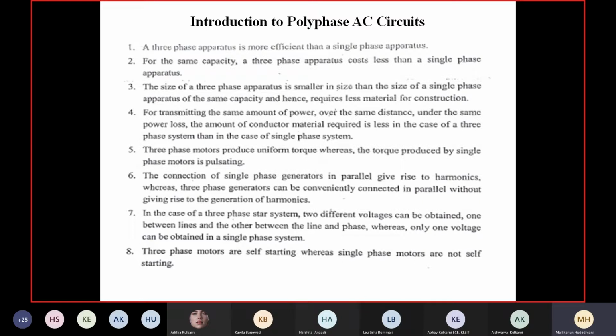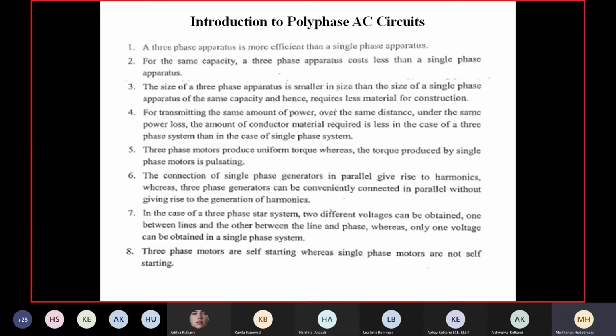They are constant speed, uniform in their work. The same is not there when I compare with a single phase motor. They are not superior, they are inferior compared to a three phase motor. Pulsational torque, that kind of comparative inferiority, is noticed in a single phase motor.